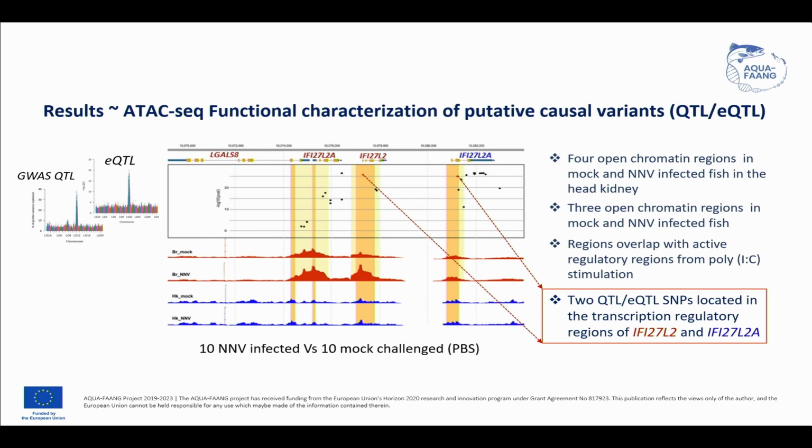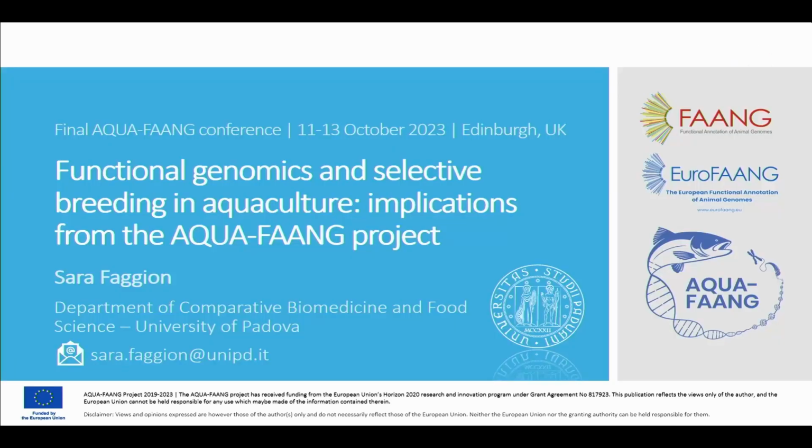We are suspecting that this could be the mode of regulation of these markers on gene expression, and probably also correlating with the phenotype, because the SNPs that we identified as regulating gene expression in the eQTL overlap exactly with those having the most significant effect on the phenotype. I think that's me. So, thank you.